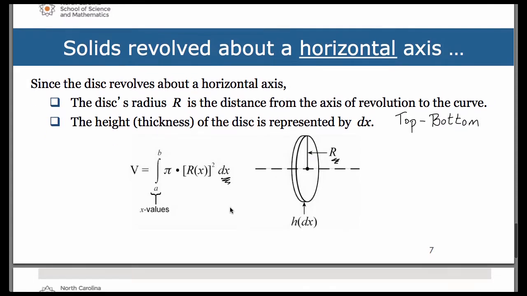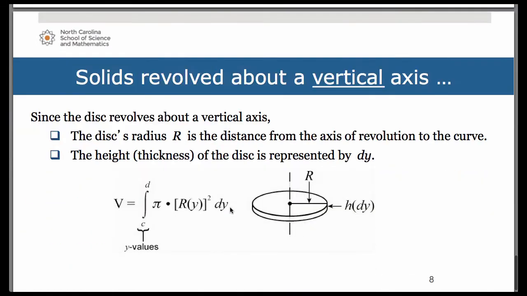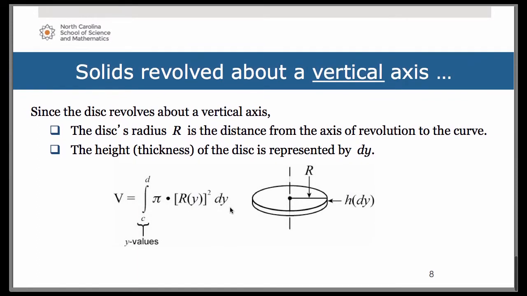Now, if by chance your solid is revolved about a vertical axis, you're going to have a representative rectangle that is oriented horizontally. That makes it a dy problem. The R value is still going to be the length of your representative rectangle from the axis of revolution to the curve.